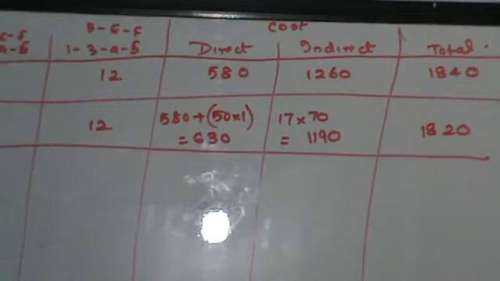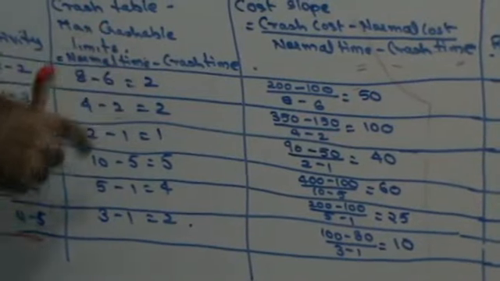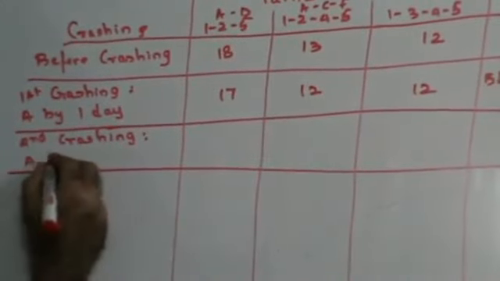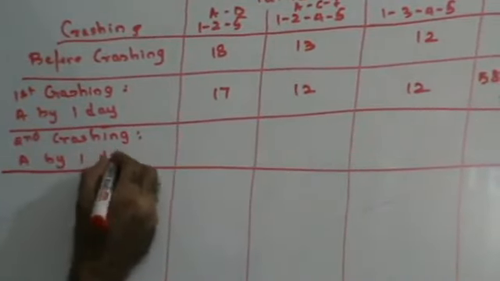Now let's see this. Now we know that A can be crashed by 2 days, out of which 1 day crashing I've already done. So now I'll have to do second crashing, that's another A by 1 day. If I crash A by 1 day, instead of 17 days, I will reduce the work time by 1 more day.